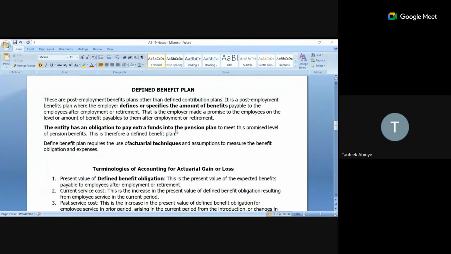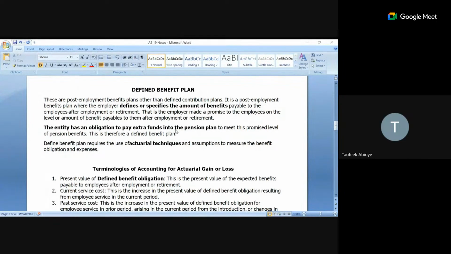One, you just contribute a fixed amount every month. At the end of the retirement, the person will collect the money. If it settles, fine; if it does not settle, it does not concern you. But in defined benefit, you are the one that will specify and define the benefit payable to the employee.